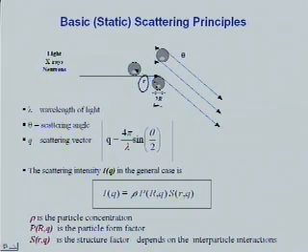Of course, you know what wavelength of the light is. You can imagine what the scattering angle is. This is the angle between the direction of the falling beam and the direction of the beam which is scattered, diffracted at a certain direction, which we're measuring.